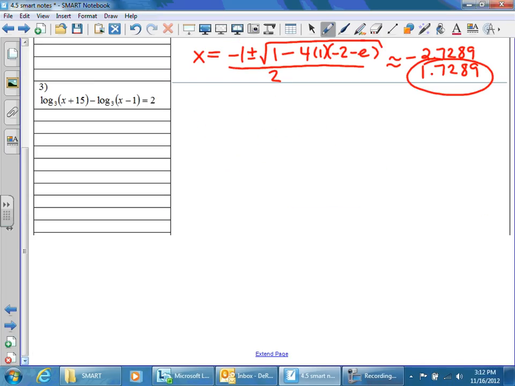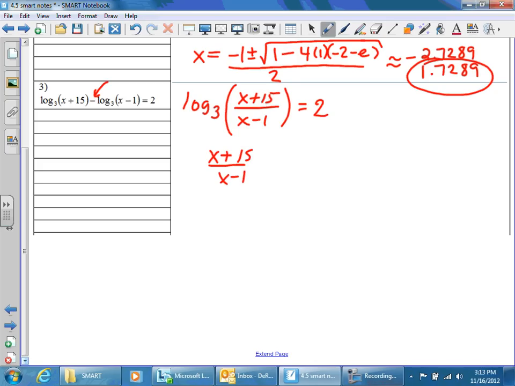All right, how do I put them together now with the logs when I have a minus in between? Hopefully you said we divide. So now that I've got that log isolated, I only have one log going on, I'm going to rewrite it in exponential form.